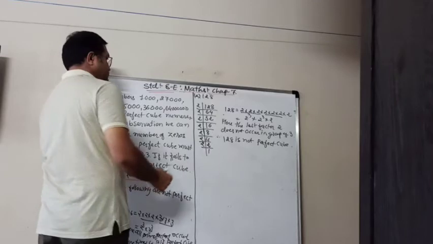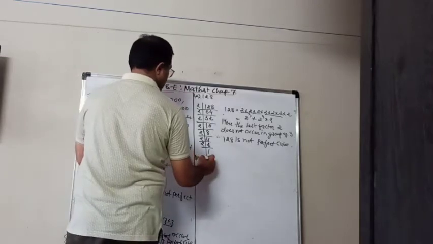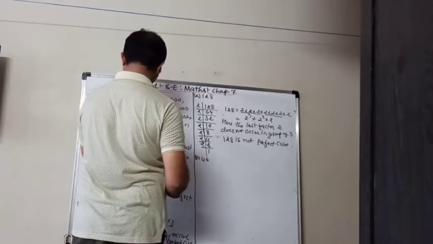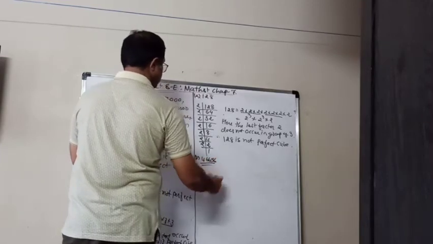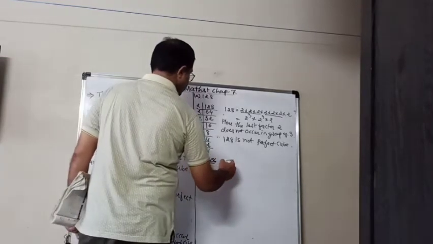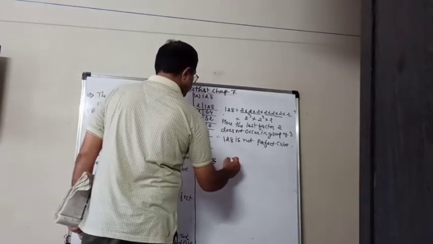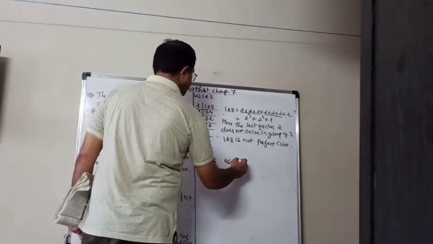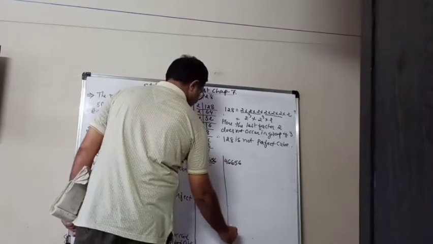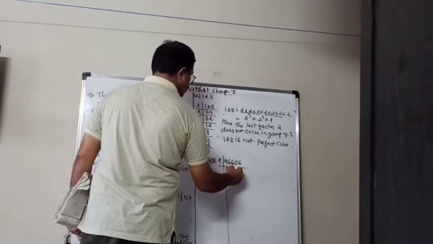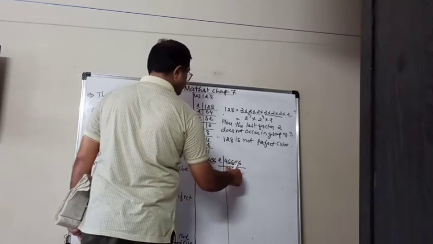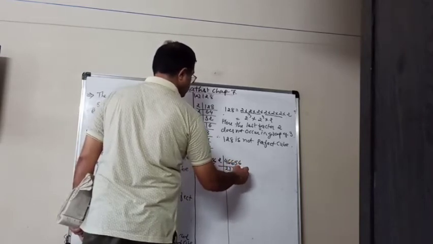Let's take a big number, the fifth one, the last: 46656. So let's make prime factors. 46656. 2 2s are 4, 2 3s are 6, 2 3s are 6, 2 2 4s are 8, 2 2s are 4, and 1 is 2 8s are 16.